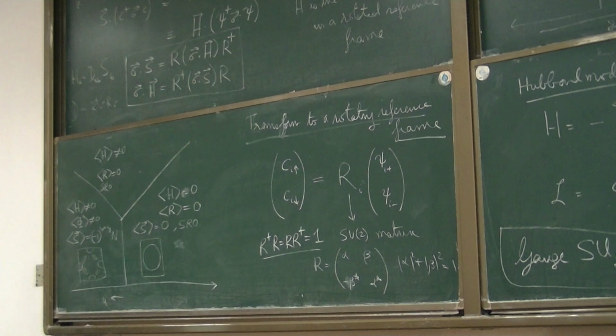Locally there's order, but when you go somewhere else, the order is pointing in a different direction. So the Higgs field allows you to measure the order in a rotated reference frame. That's what the Higgs field is. It's also what it is in the SU2 theory of weak interaction. It's just a measure of the local order of broken symmetry in a rotated reference frame. It's just that the frame is rotating everywhere, so there's no long range order. You can't measure it. But there is a local order for the Higgs.